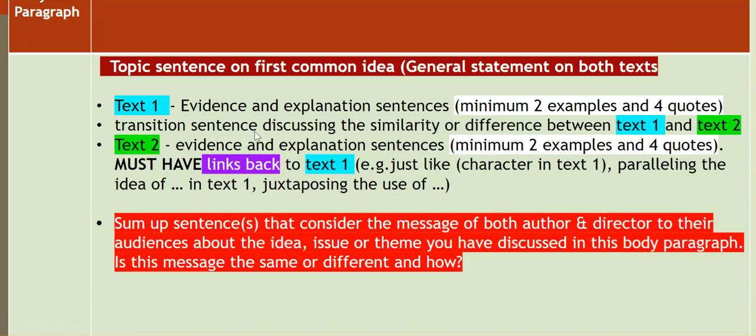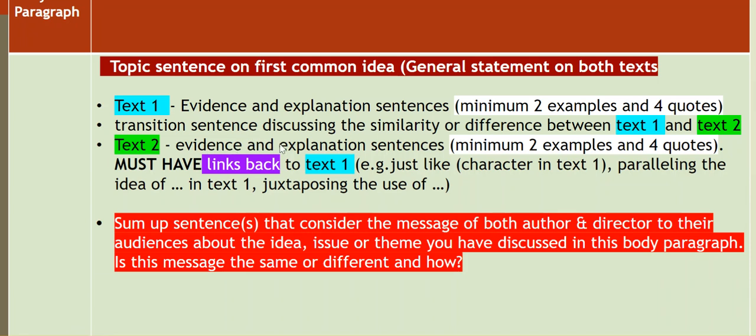Then you're going to use a transition sentence discussing the similarity or difference between text 1 and 2, because now you're going to go on and talk about text 2. So you've got text 2, whatever it may be. Let's say it's Paradise Road. You're going to do exactly the same thing that you did up here, talking about Night.